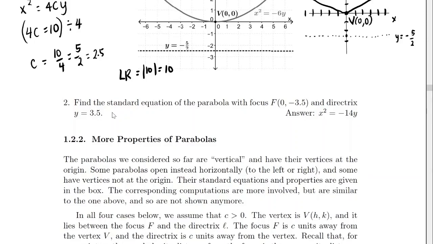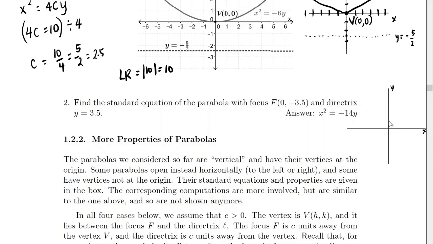Okay. Find the standard equation of the parabola with focus (0, negative 3.5) and directrix y equal to 3.5. If we don't know the orientation of the parabola, we can plot the points to have a picture of the given points. This is x and this is y.